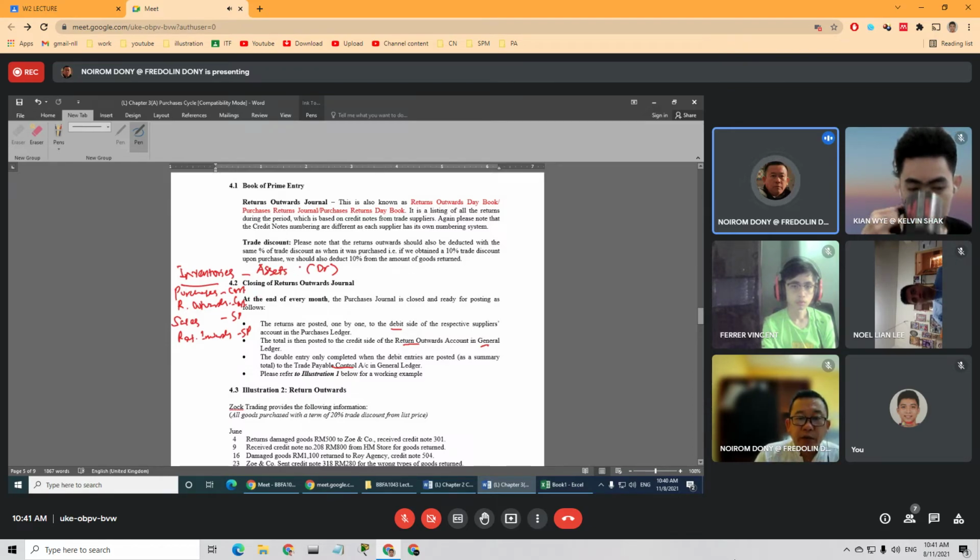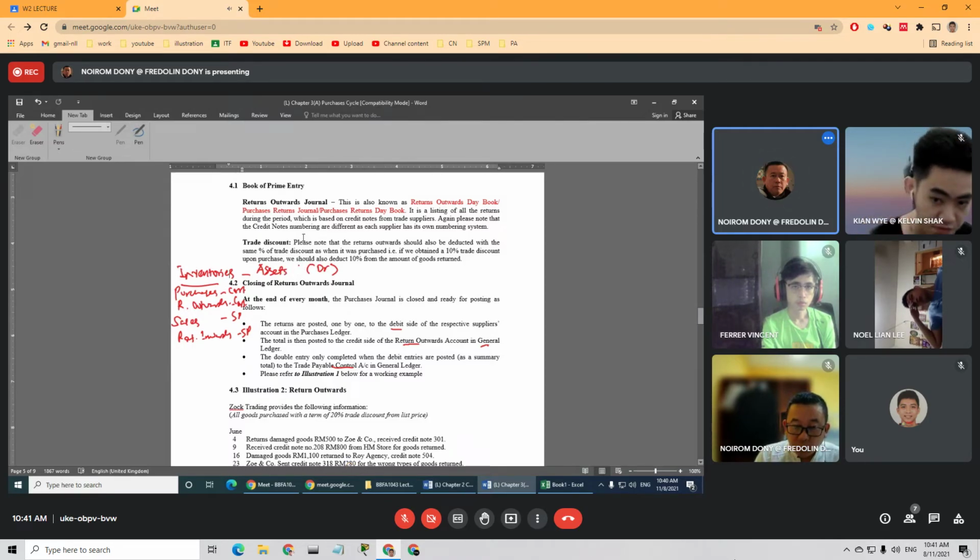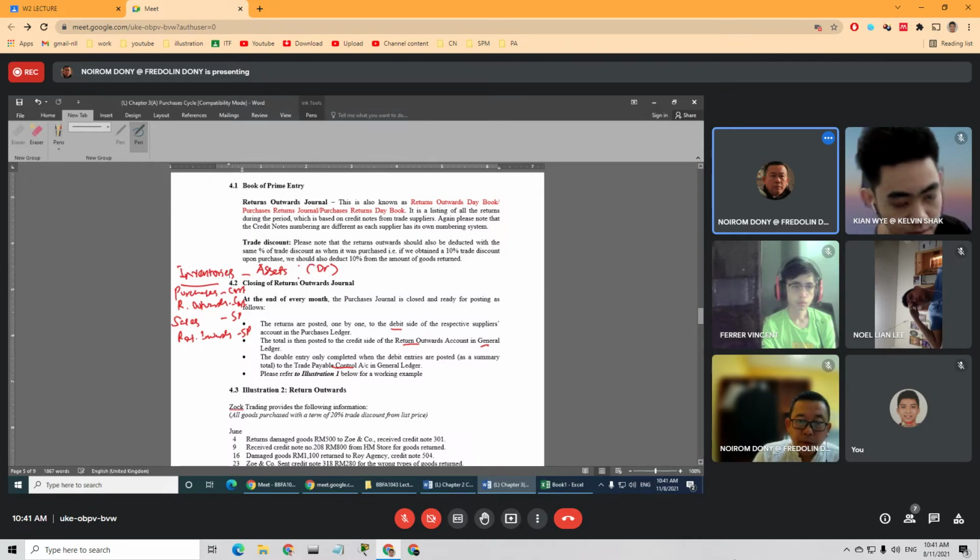Now, if it's increase, is debit. Okay, increase, debit. So decreases, credit. So now, when we purchase, what happened to the level of inventory? Increase, isn't it?